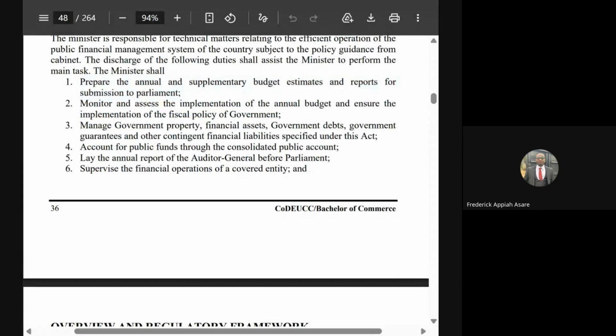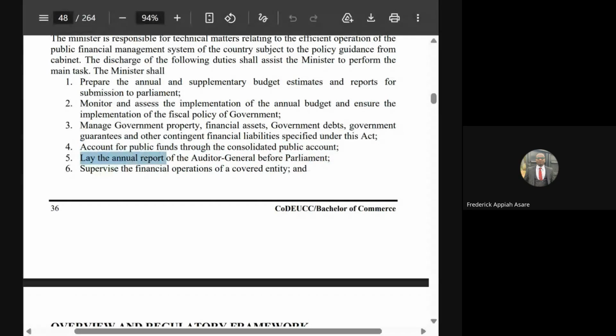They monitor and assess the implementation of the annual budget and ensure the implementation of the fiscal policy of government. They manage government property, financial assets, government debts, government guarantees, and other contingent financial liabilities specified under this Act. They also account for public funds through the consolidated public accounts.